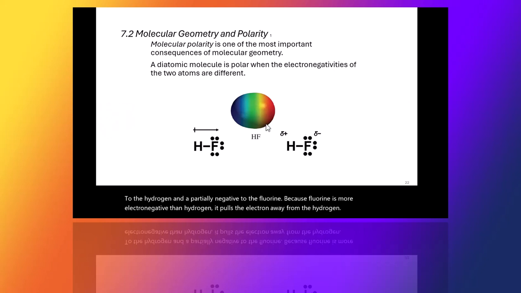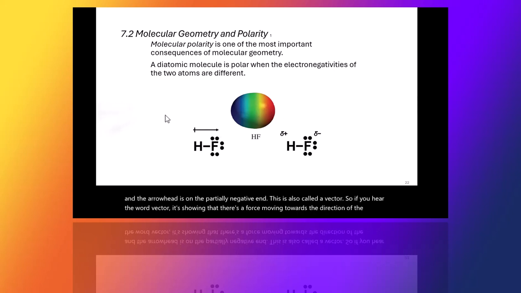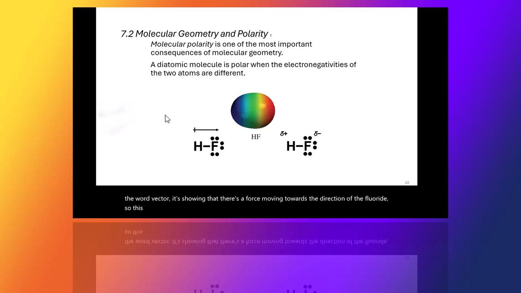We can also represent that as an arrow, where the positive tail is on the partially positive end and the arrowhead is on the partially negative end. This is also called a vector. So if you hear the word vector, it's showing that there's a force moving towards the direction of the fluorine. So this is an example of a polar molecule.